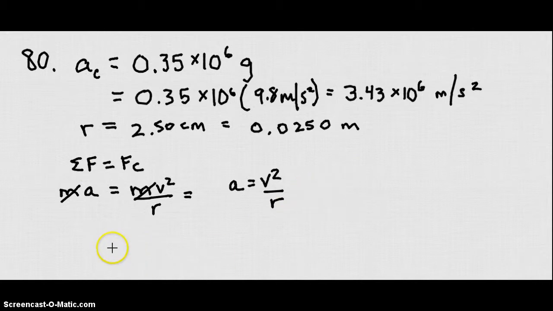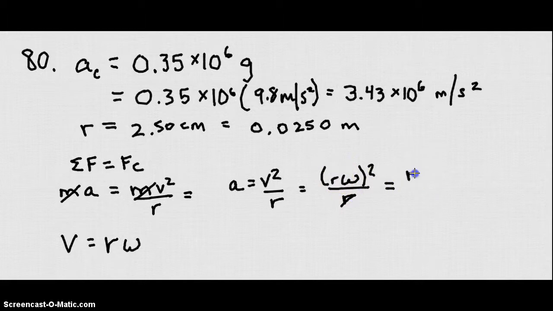Another thing we know is that linear velocity is the radius times the angular velocity. So what we can do is put this in for our v and end up with r omega squared over r. Since we have two r's on top and one r on the bottom, we can cross one of the r's on top out.